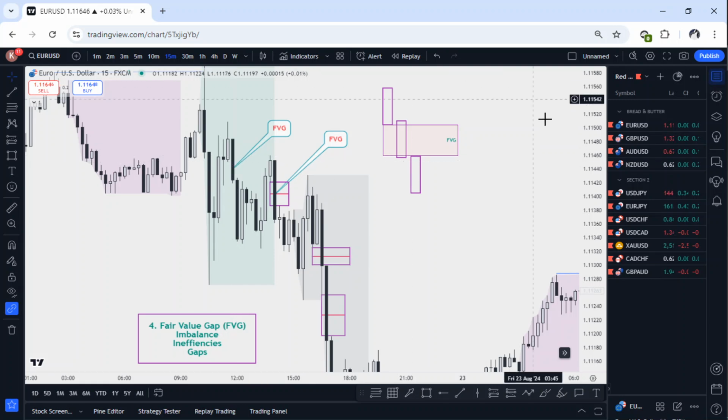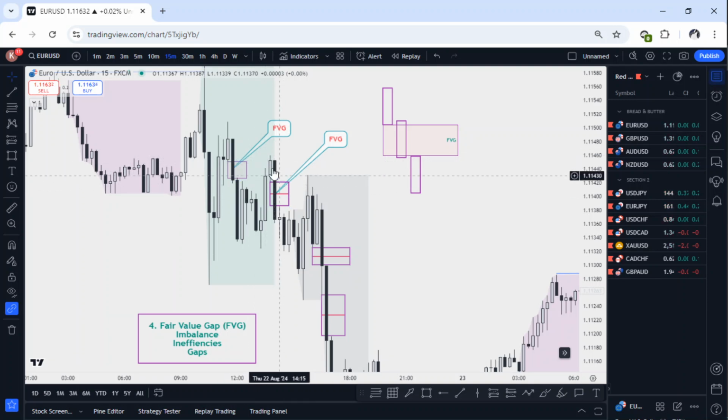So this space here is what we are referring to as imbalance or fair value gap, the space between the first candle and the third candle. So that space that is engulfing the second candle is what we are calling fair value gap.